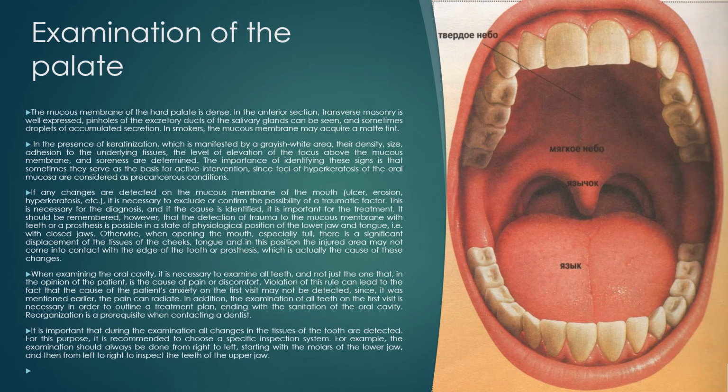So if the patient complains of trauma due to a prosthesis, and the mouth is opened wide and you take the prosthesis off, the site of the trauma does not correspond to the factor on the prosthesis which is causing the trauma.